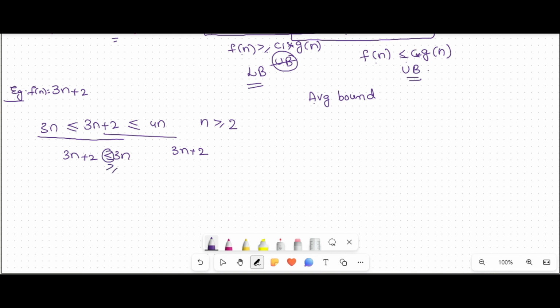So this is the lower bound, and this is the upper bound.